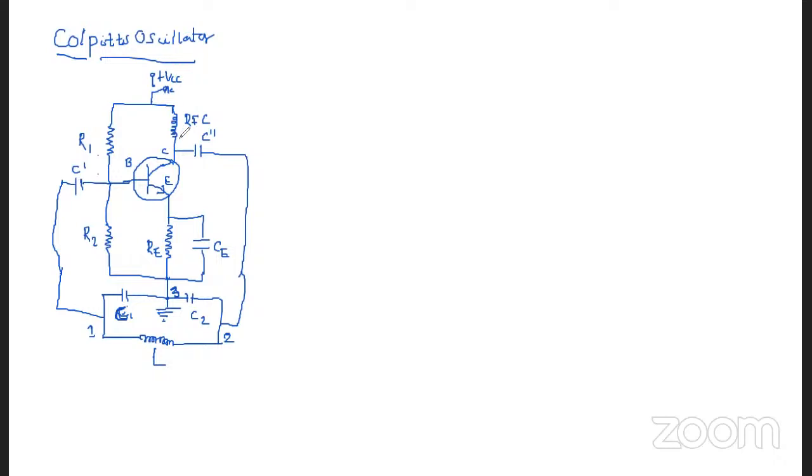As we have seen in the case of the Hartley oscillator also, this C double dash capacitor blocks the DC and provides an AC path from the collector to this tank circuit here.